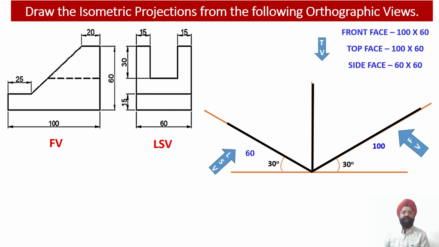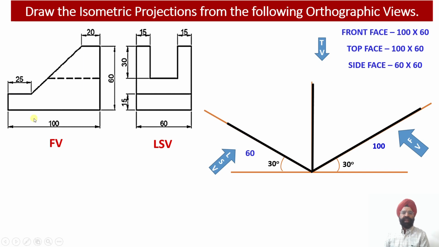Now today we are going to discuss the construction of isometric projections when the orthographic views of the solid are available with us. Here we have the front view and the left hand side view of a given solid.